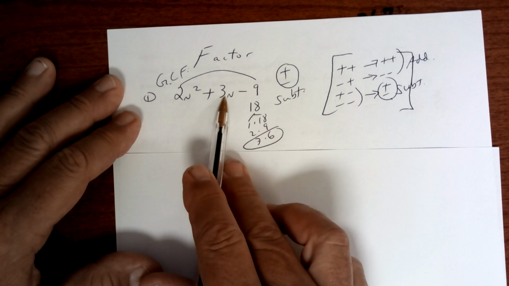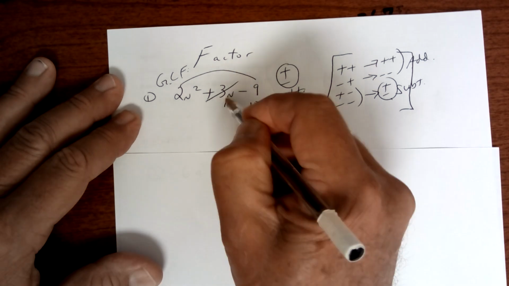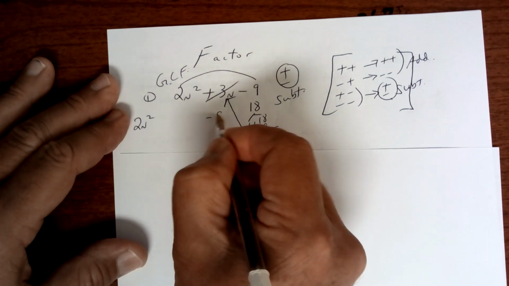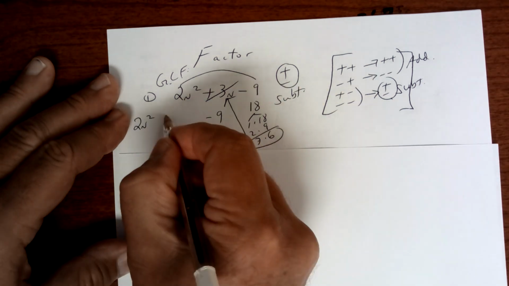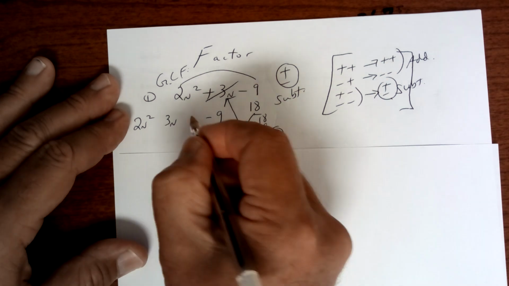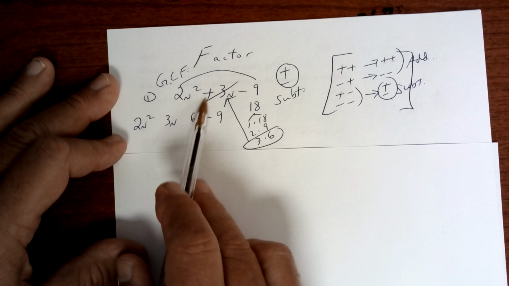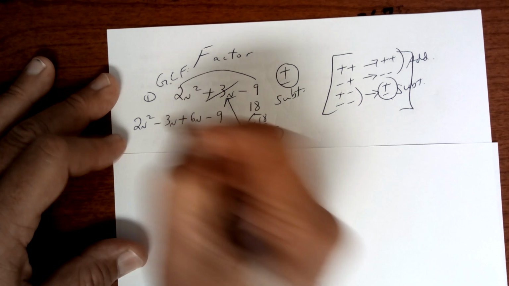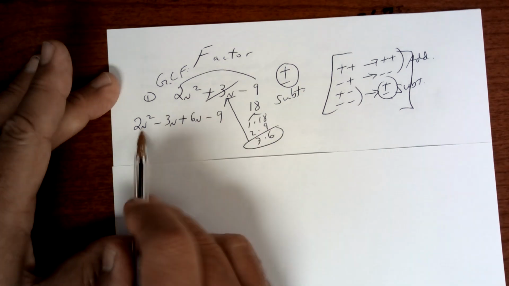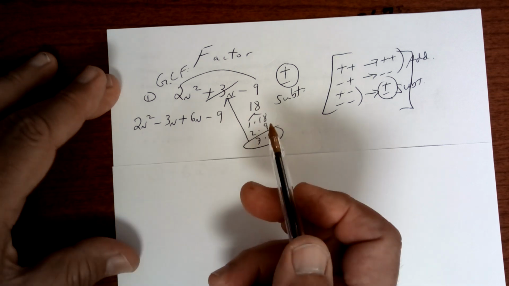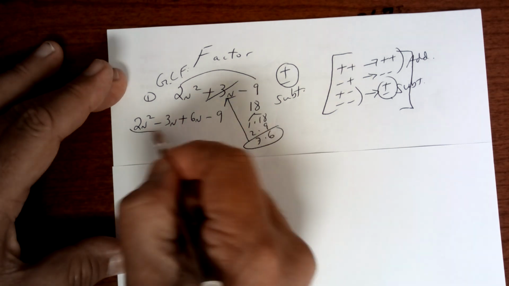So you're going to substitute these two in place of that. So you write the first one, you write the last one, and then you substitute these in the middle. 3n and 6n. And since the middle one's a plus, you want the plus with the bigger one. Once you do that, you have 4 terms. And 4 terms are called what? Group factoring. So we're going to go ahead and factor out an n.